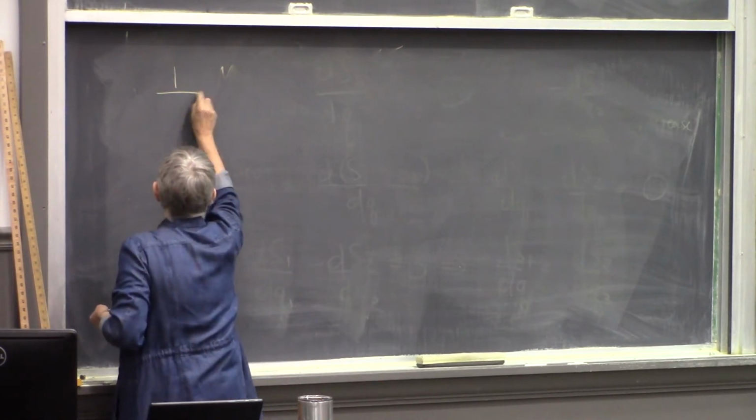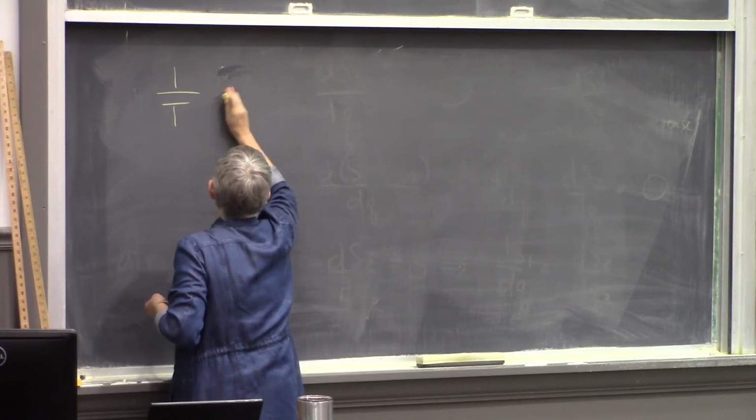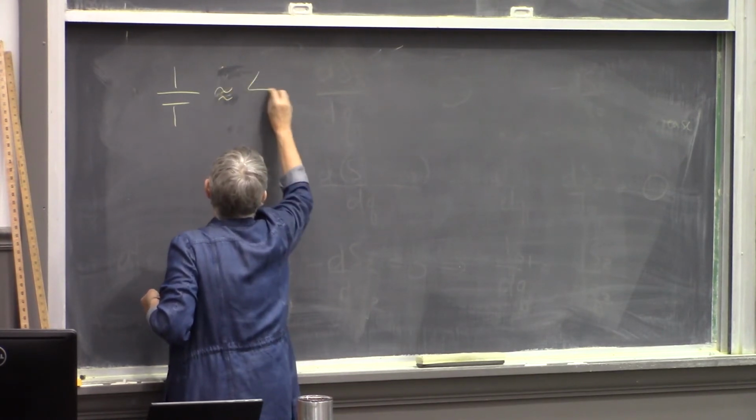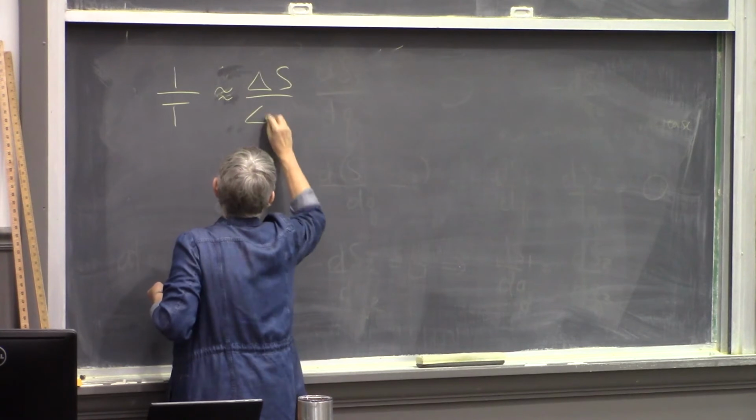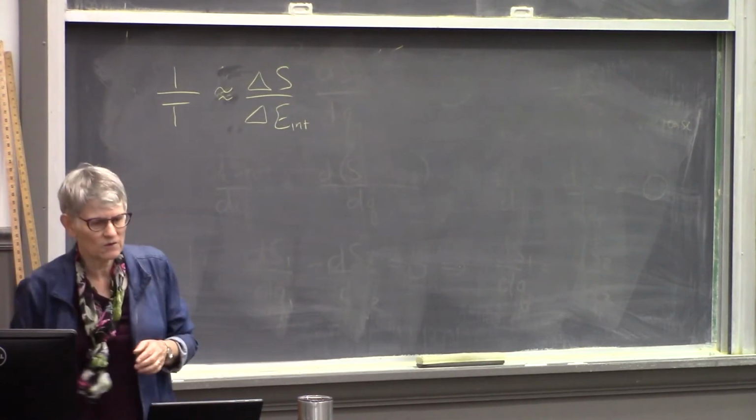So if we say that 1 over temperature is approximately equal to the change in entropy with the change of internal energy.